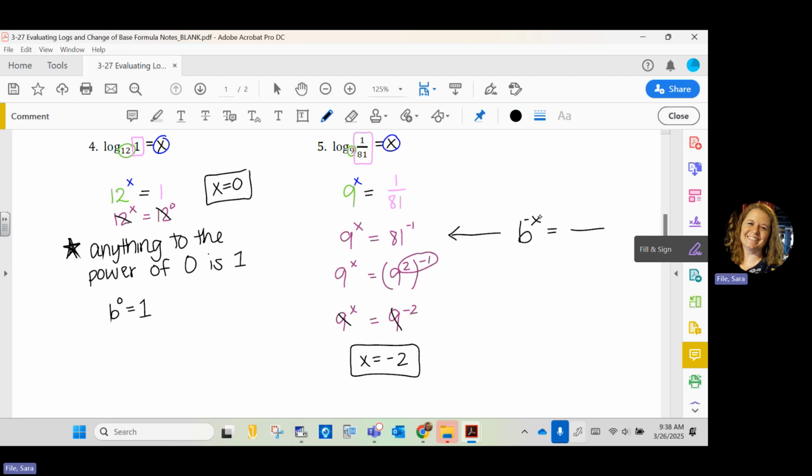I guess I should put the negative there. It can be rewritten like this. So you can move the base value within the fraction if you change the power to negative. Okay, and then here, if you have a base to a power times another power, let's just call it c, you multiply x times c.